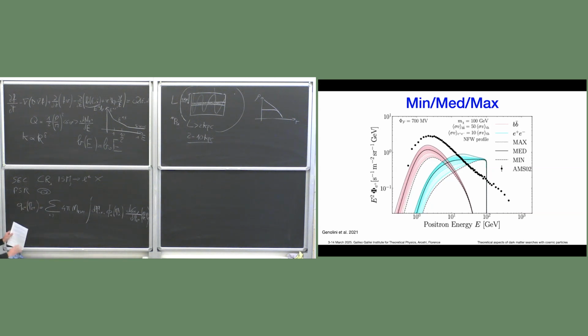This is very reasonable because this process should take into account a convolution of the flux of cosmic rays interacting against atoms of the interstellar medium. This integral should be convolved with the cross-section, and the 4 pi is because you have an isotropic production.